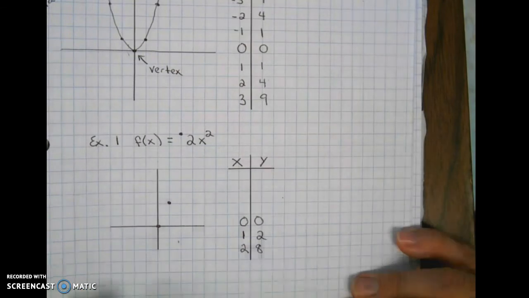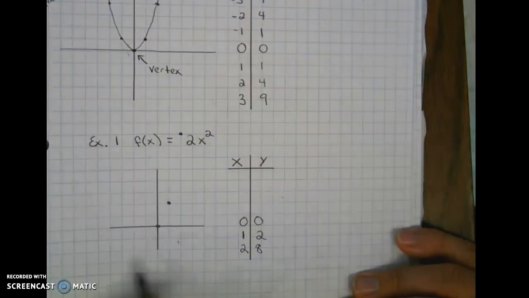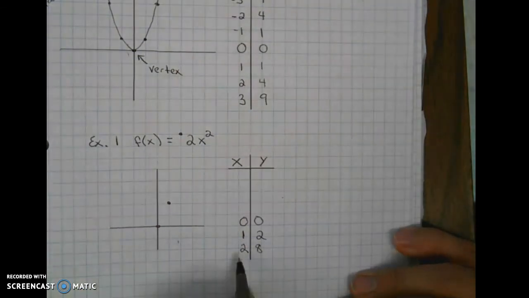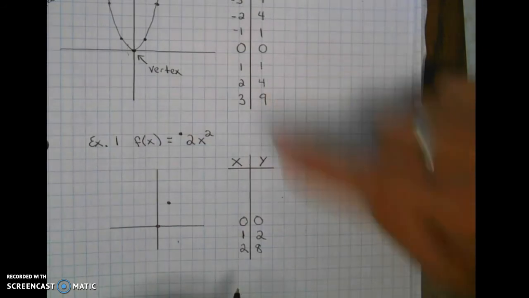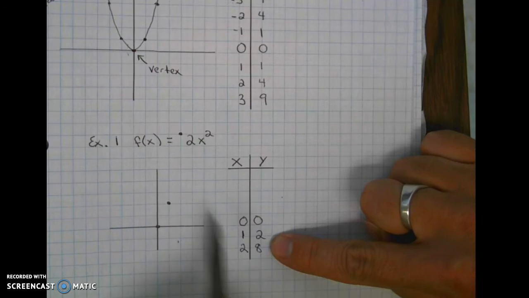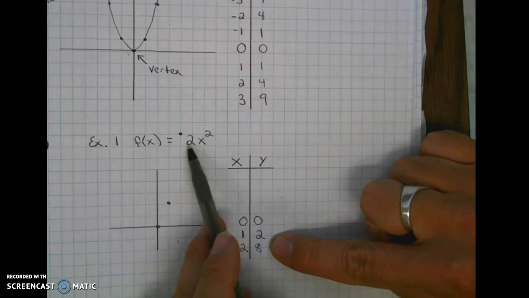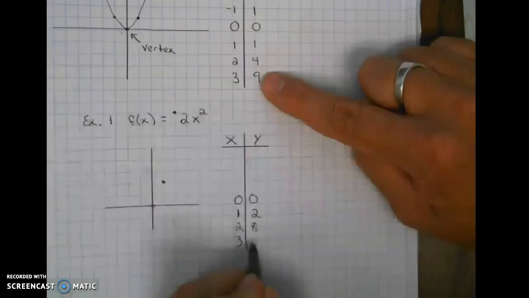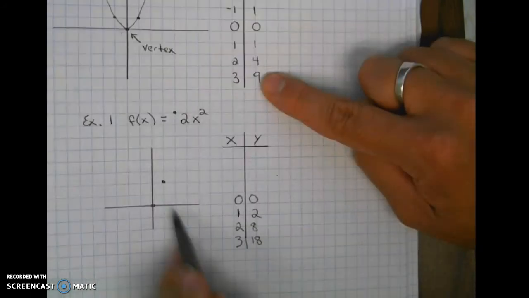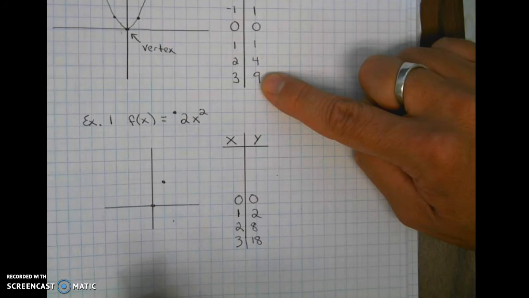Okay, I don't think we'll plot the next point, but we'll figure out what it's going to be. So hopefully you see the pattern by now. All of these y values are getting multiplied by 2. And you can see that right here in the equation. We're multiplying by 2. So 3, 9 times 2, 18. No room to plot that on here, so we won't plot that point.